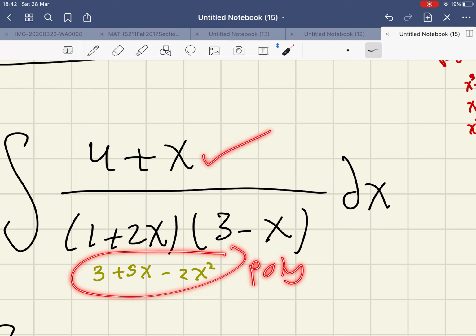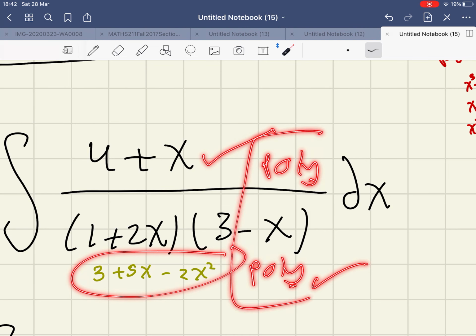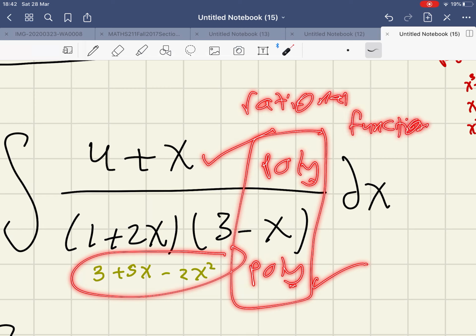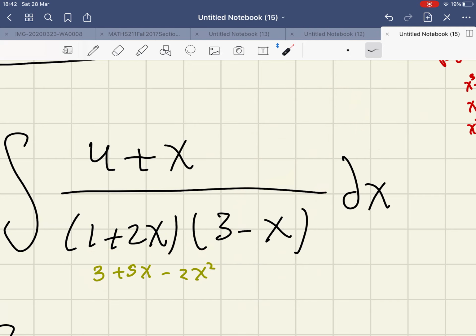So I get a polynomial on the top and a polynomial on the bottom. Polynomial over polynomial, we call it a rational function. That's what a rational function is.